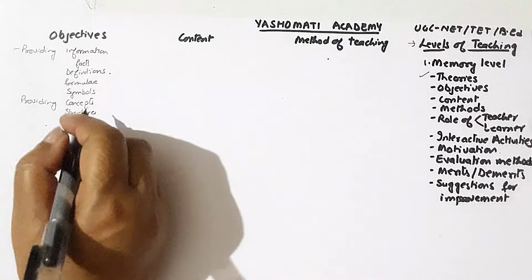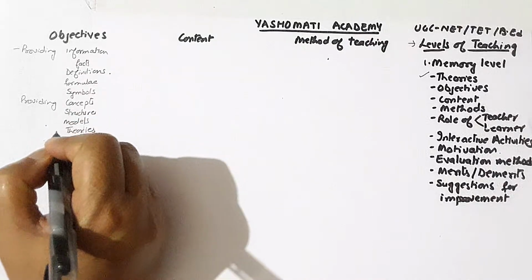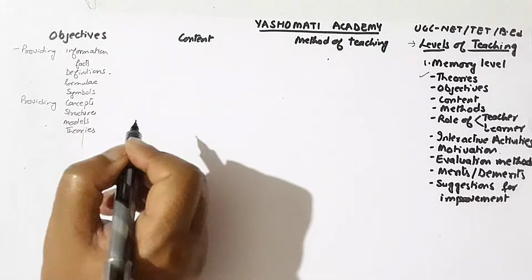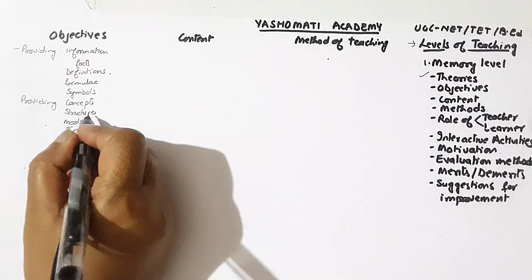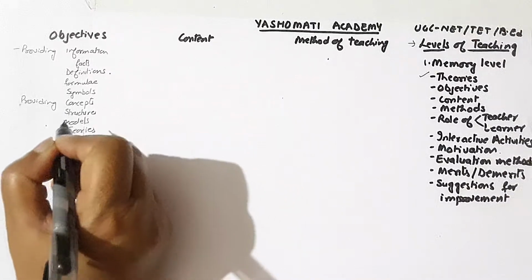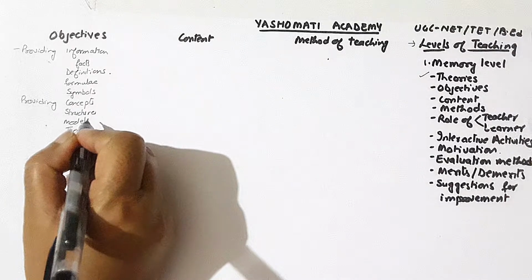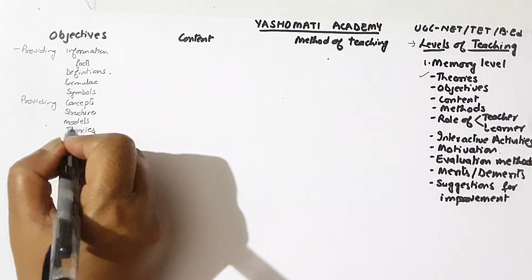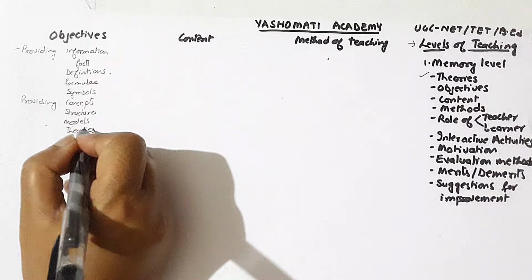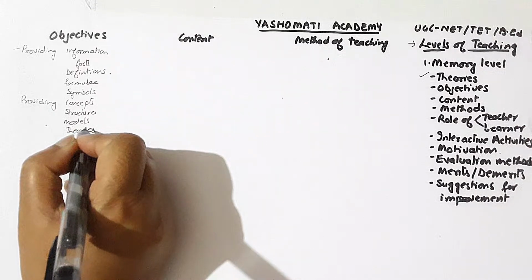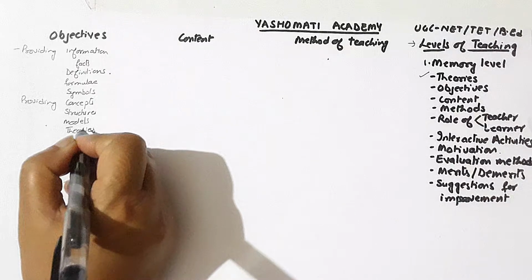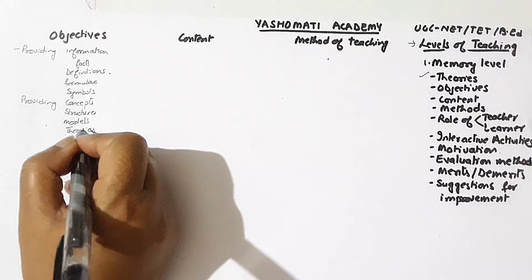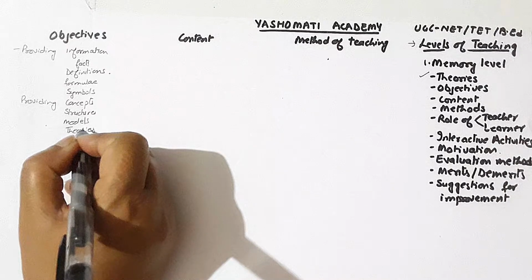At times, we tend to teach some complex content, and that complex content is based on certain concepts, or it has a certain structure or stepwise procedure which is to be followed, or a certain model which has been developed by educationists, into which a lot of effort has gone. So if the learner is able to understand that model, then he will be saving much effort.